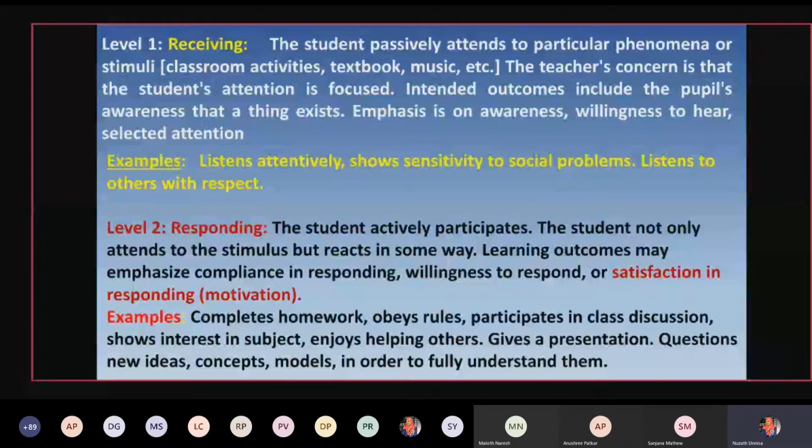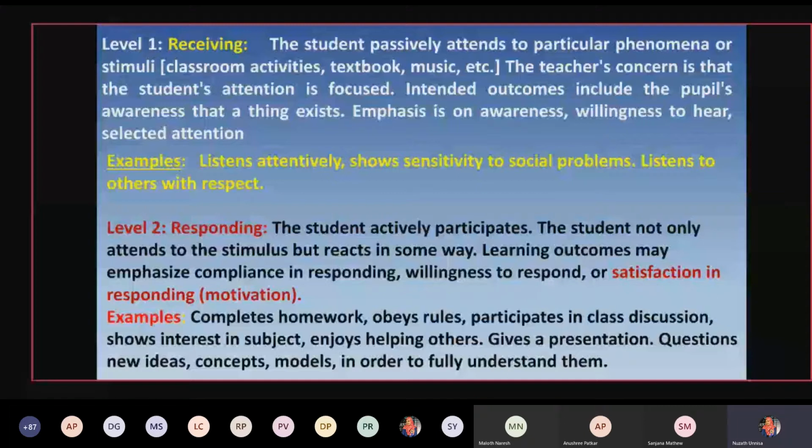At this level, your learners are doing more than just attending. The learner will be willing to respond, reacting and not just listening, and is satisfied, or motivated, to respond.